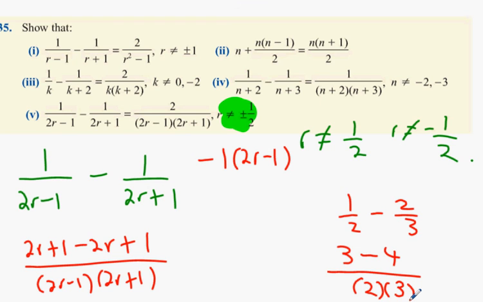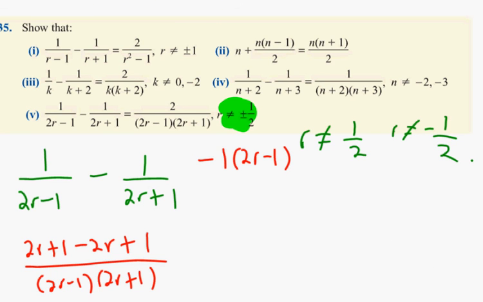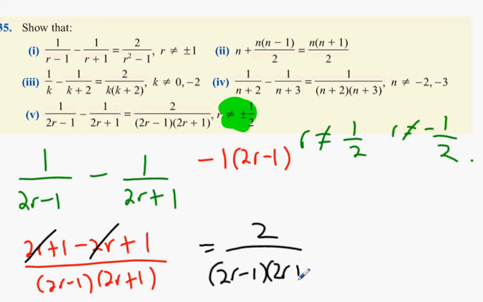So I'm just simply not multiplying them out. Okay. Is that right? Same thing? Now, what happens to the 2 R's? And we get 1 plus 1, which is 2 over 2R minus 1, 2R plus 1. And you're good to go, right?